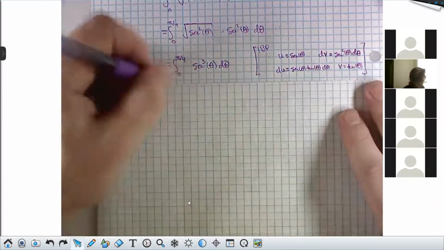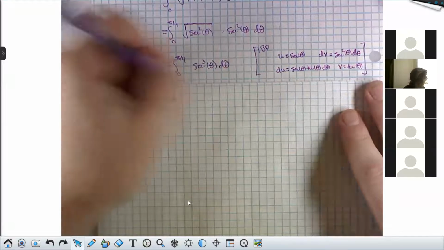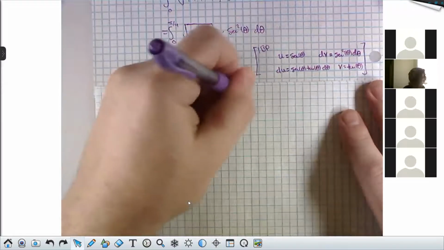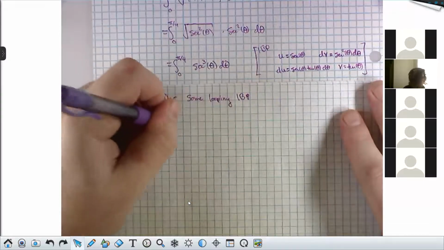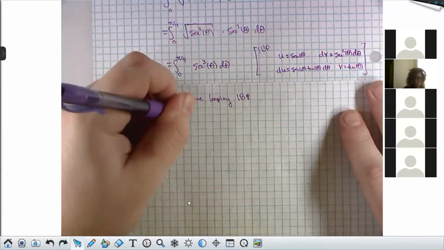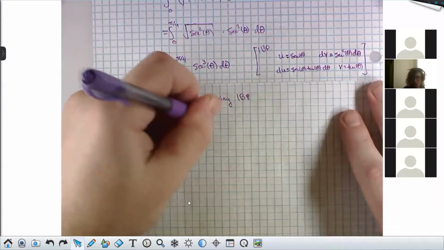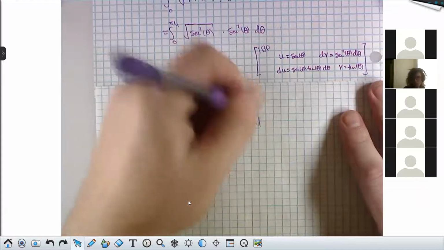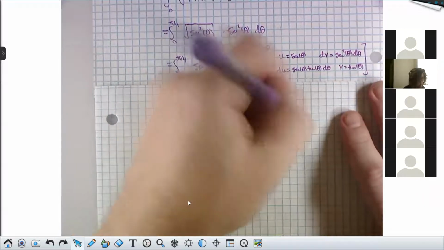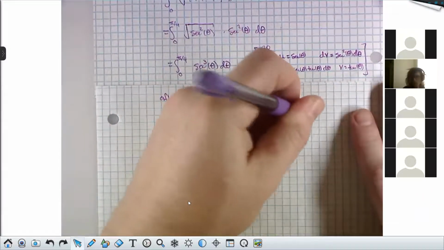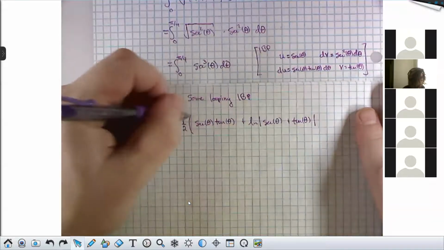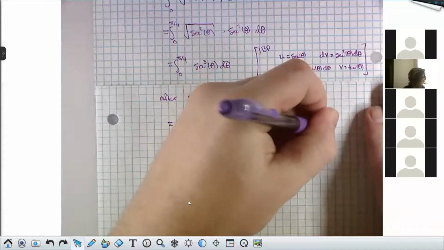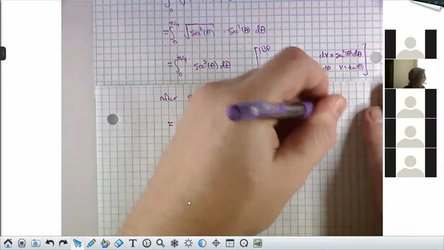So the result after some looping IBP is that we get 1/2 times secant theta tangent theta plus the natural log of the absolute value of secant theta plus tangent theta. Oh, sorry, I'll use a bracket here because we're going to evaluate. This is a definite integral from 0 to pi over 4.